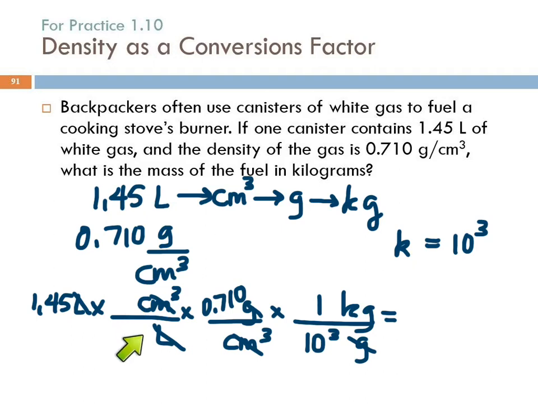And then here, cubic centimeters and liters. Well, 1 milliliter is equal to 1 cubic centimeter. And 1 liter was 1,000 cubic centimeters.